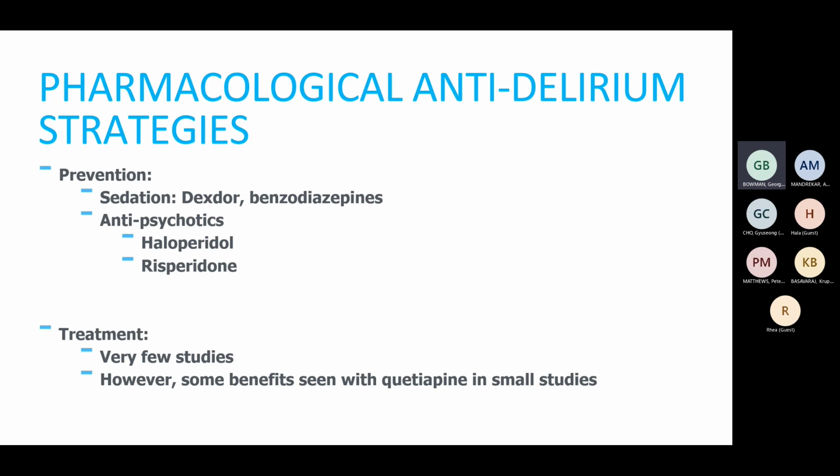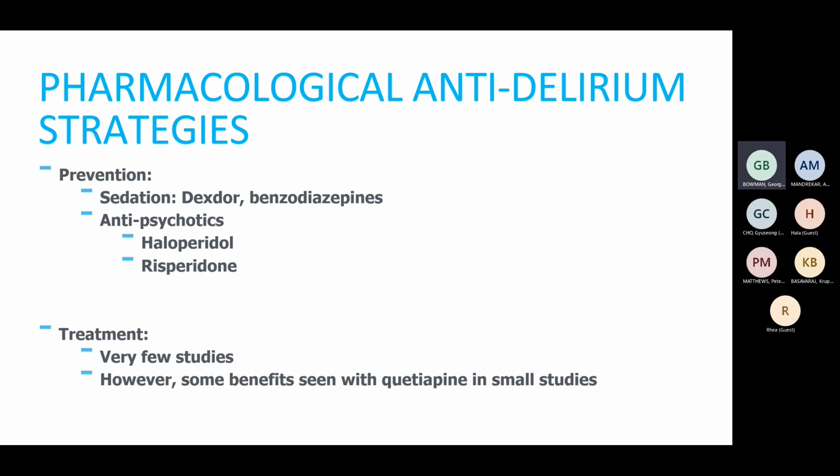So some evidence for Dexdor. However, there are other trials which have shown no real significant difference between Dexdor, midazolam, or propofol. So slightly mixed results, one for Dexdor and one against. So we don't have very clear evidence on that yet. And also commonly used drugs are antipsychotics like haloperidol, risperidone.